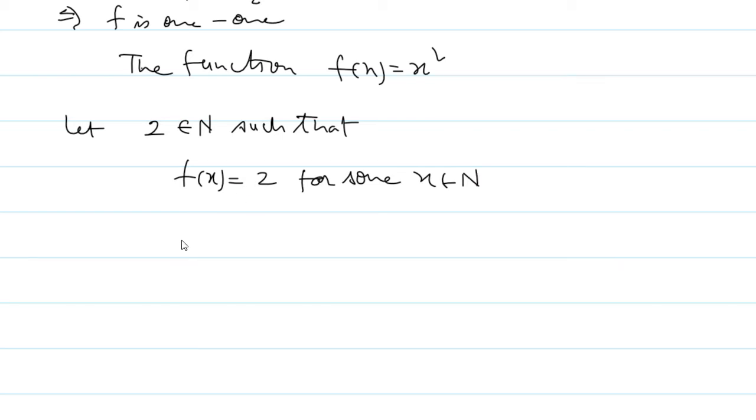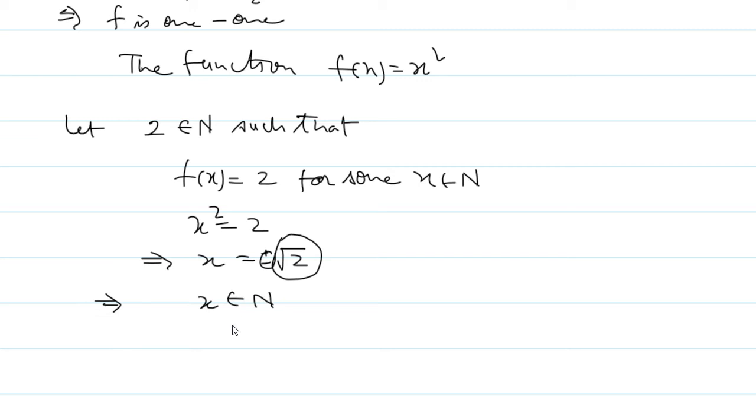Now applying the definition of function, we have x square is equal to 2. It implies x is equal to square root of 2. It may obviously be plus or minus, but as x belongs to the domain N, it cannot be negative and irrational. This implies this x does not belong to the domain. Hence, we conclude that f is not onto.